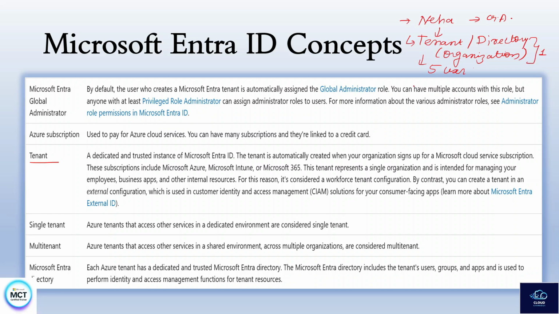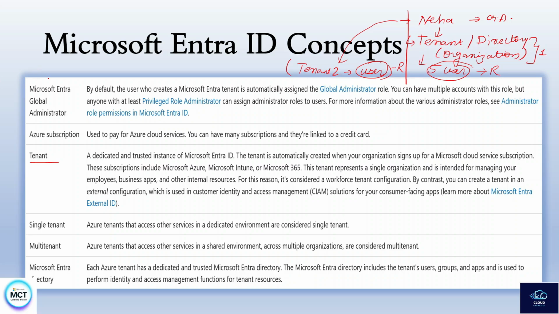Then Neha thinks that she will manage another tenant as well. Then Neha can create tenant number two, where she can again have a different set of users, and this is a totally different organization. So Neha now has two different organizations where the users are separate and the resources that are created are separate.